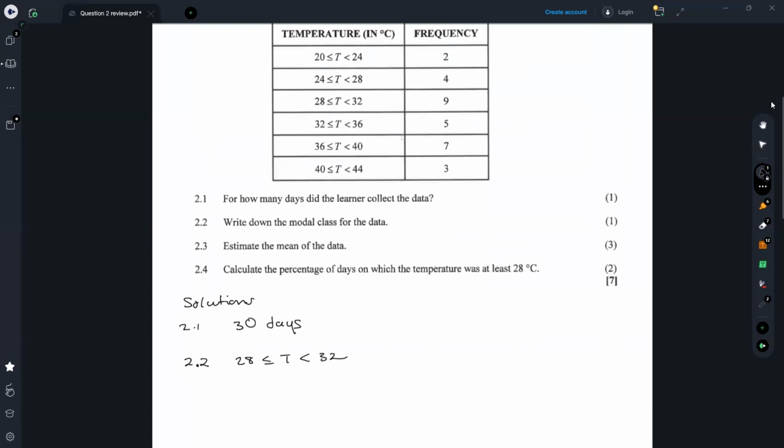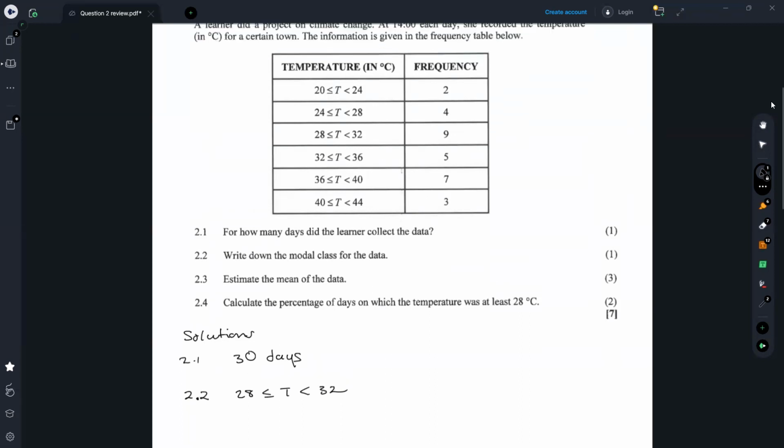So now for 2.3, they say estimate the mean of the data. For this one, you might want to have an extra column here and call that column midpoints, right? For us to be able to estimate the mean here, we have to have the midpoints of these classes. So the midpoint of 20 and 24: you'd say 20 plus 24 divided by 2, and that should give us 22.